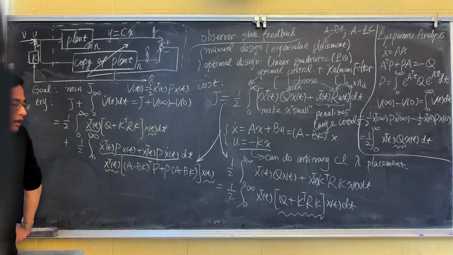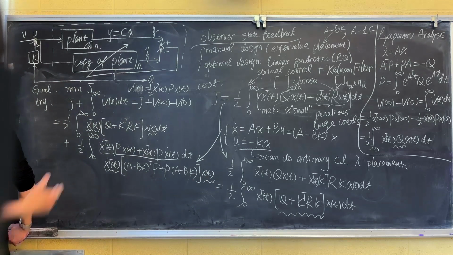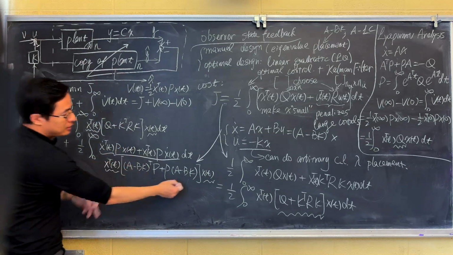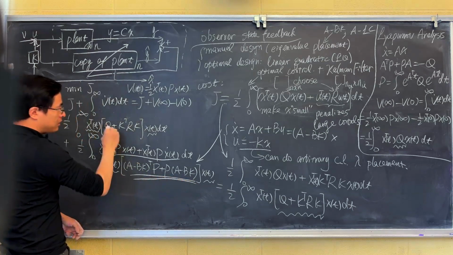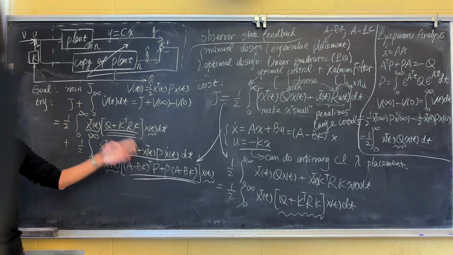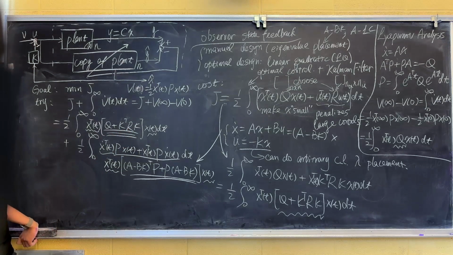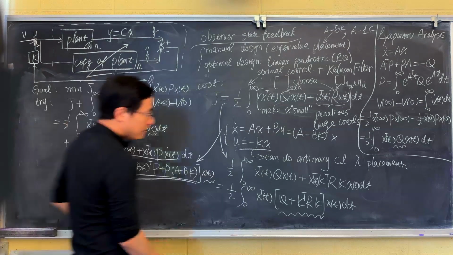Both of them are quadratic in terms of x. So we can combine all these together and have this matrix, giving a big quadratic function about xt. That's the left-hand side.